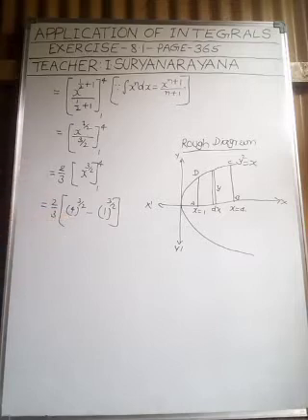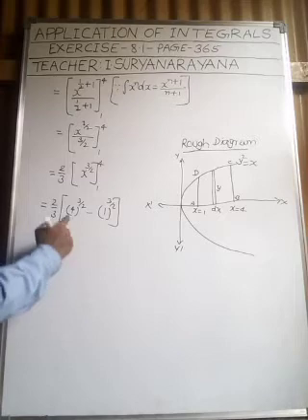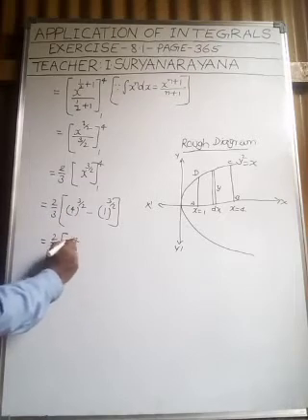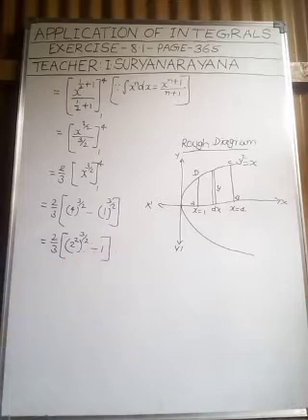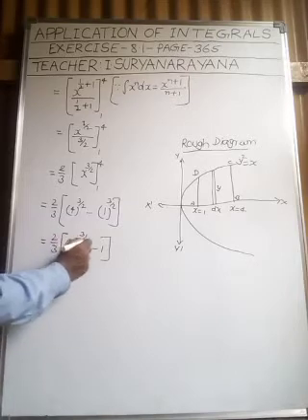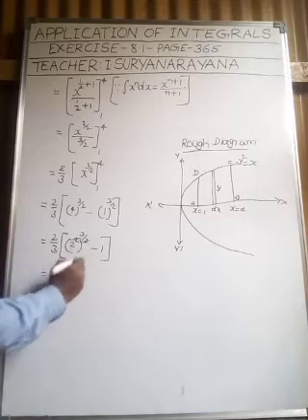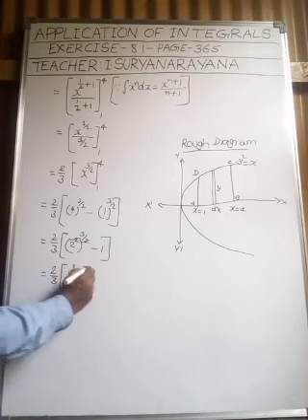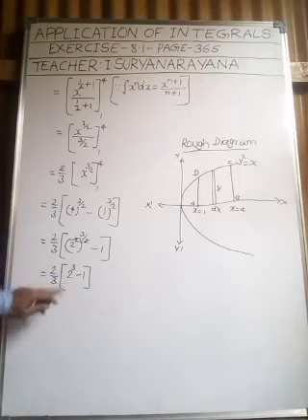That is equal to 2 by 3 into 2 square whole power 3 by 2 minus 1. 1 power 3 by 2 is 1 only. Here 2 gets cancelled. 2 power 2 cube minus 1, we get 2 cube minus 1 only.